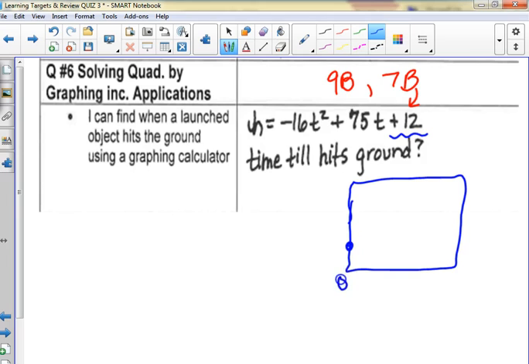If you do 0 to, and then this is time, it's not going to take very long to come down probably, right? It might go up high, I don't know. But you should see something like this, and then you want to know the 0 here. Do you need me to go over that one? Any more practice on the calculator? Anybody? Okay.